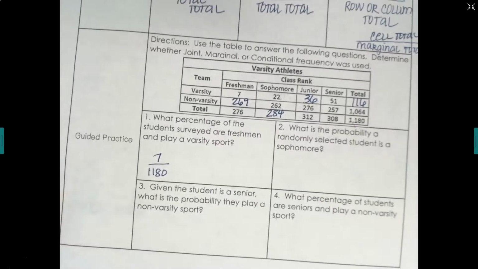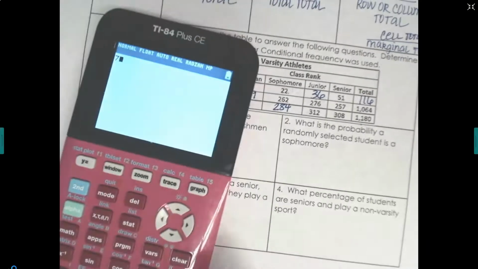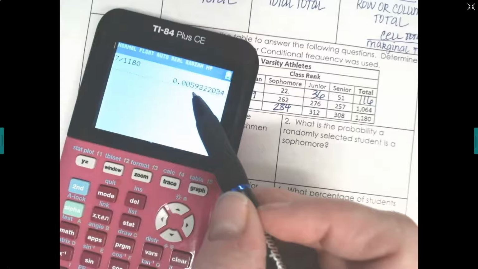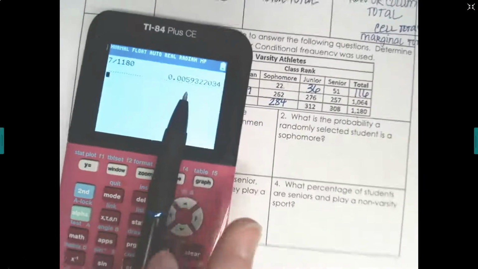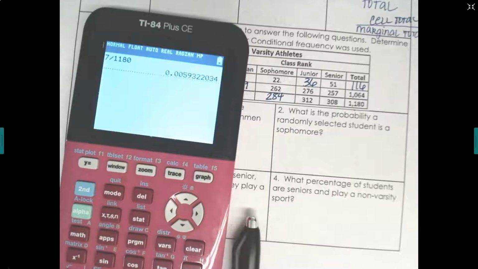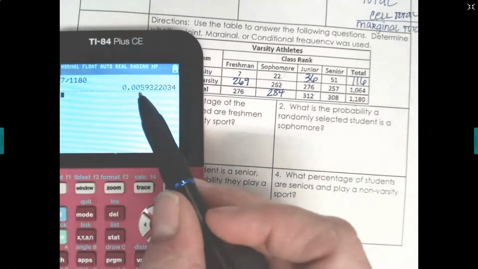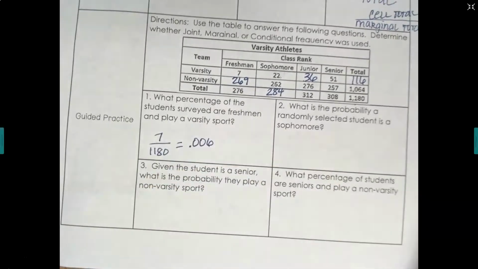So when I do the math on this one, 7 divided by 1,180, I get a small number, 0.0059. A lot of times I try to keep it to 2 decimal places, but smaller numbers happen. So I'm going to round that 9 up, making the 5 a 6, and write 0.006.